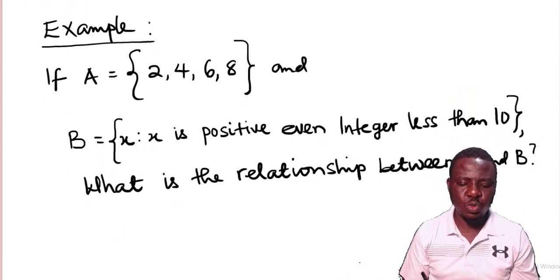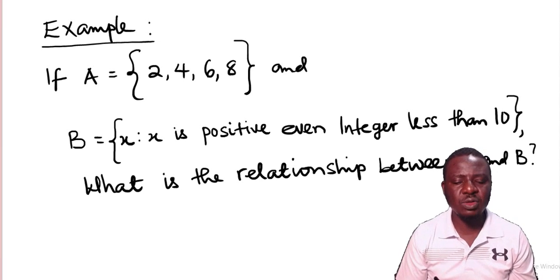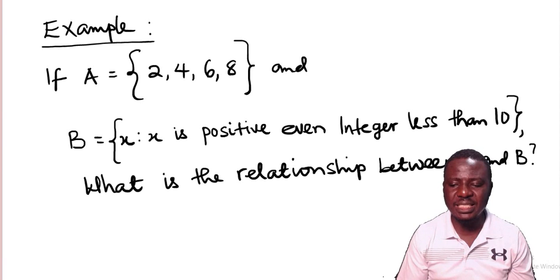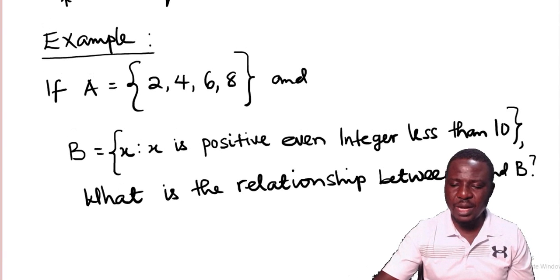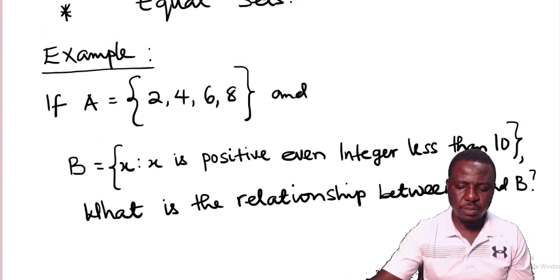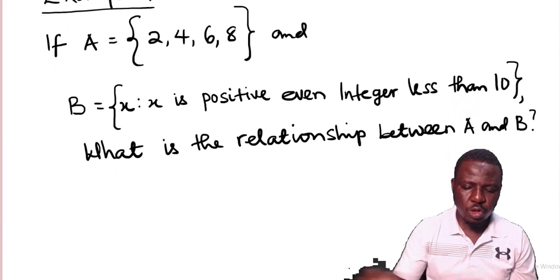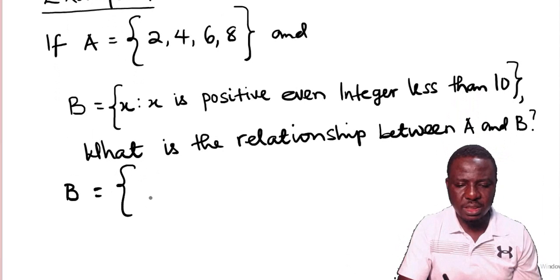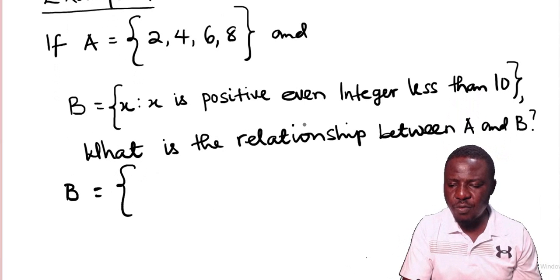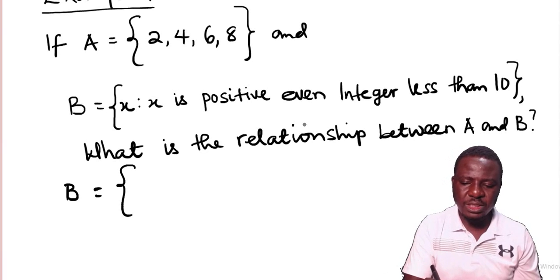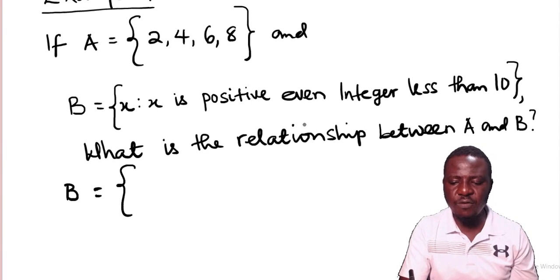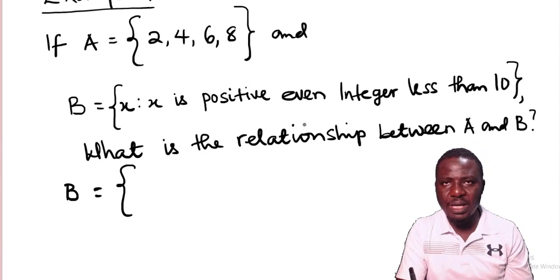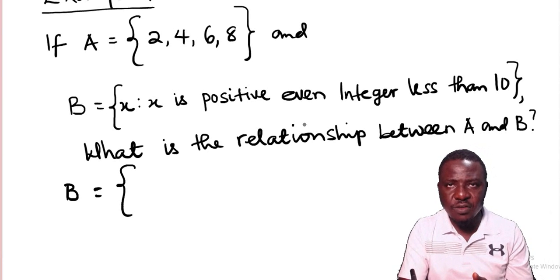For us to get the relationship, we list out the elements in B. Thereafter, we'll compare it with A. Positive even integer means positive whole numbers that are even.